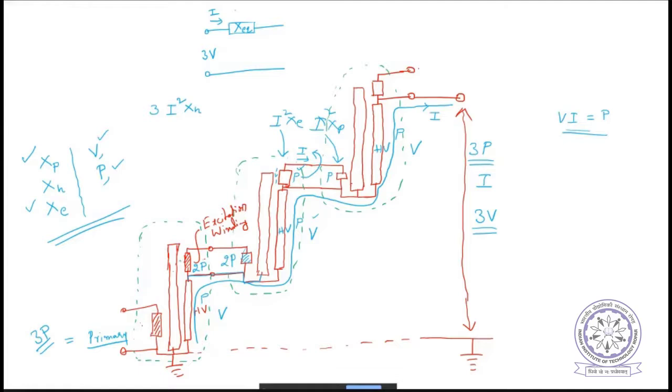Here, if you fix this to voltage V, the current in this loop should be 2I. Therefore, the reactive power in this will be 2I whole square into XE for this winding, and 2I whole square into XP for this winding.